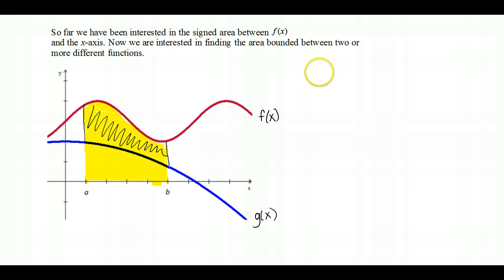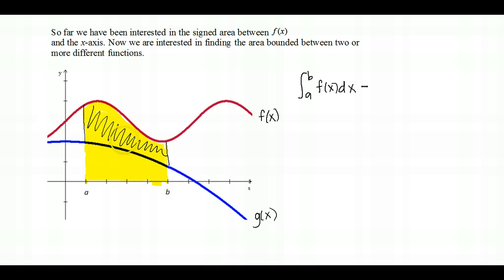That would be represented by the integral from a to b of f of x dx. But remember, that's too much. So I'm going to need to take away or subtract the area below the blue graph here called g of x.